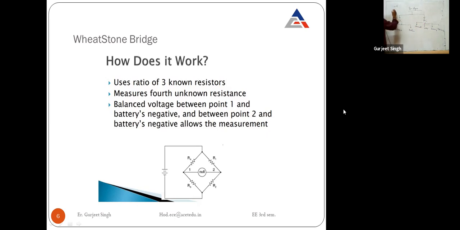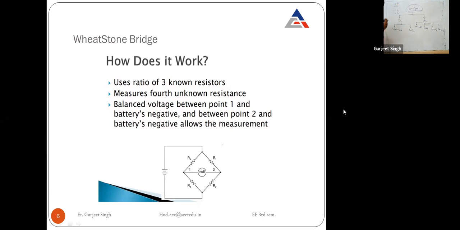With the help of bridges, we can find the unknown resistance, unknown capacitance, and inductance, as well as the frequency.